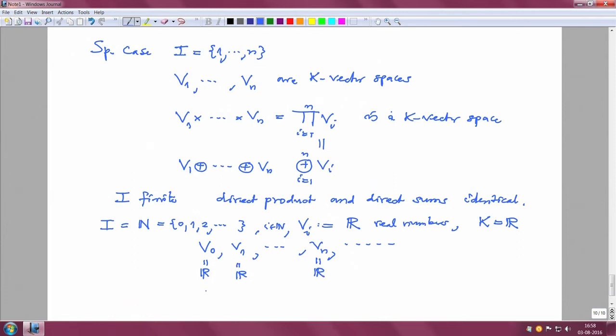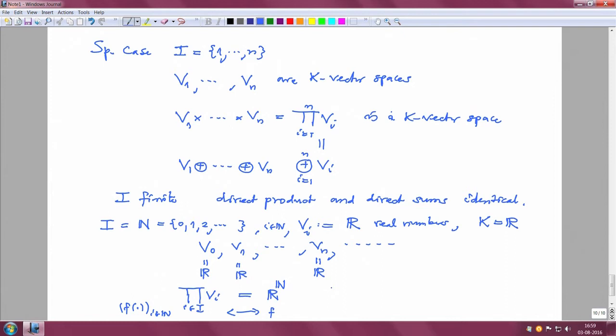And the product means what now? The Cartesian product of V_i, i in N. Because all these are the same, you can think of it as a mapping from N to R, because each mapping f will correspond to a tuple, f(i) for i in N. Given an N-tuple, you have a mapping from N to R, and given a mapping, you have a tuple numbered by N. So as sets they are the same.